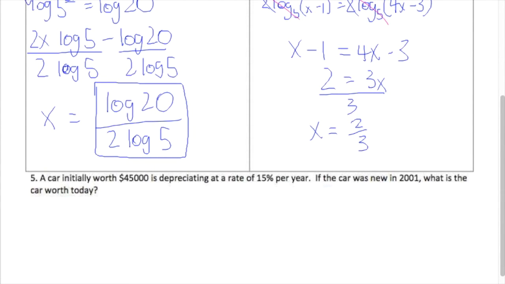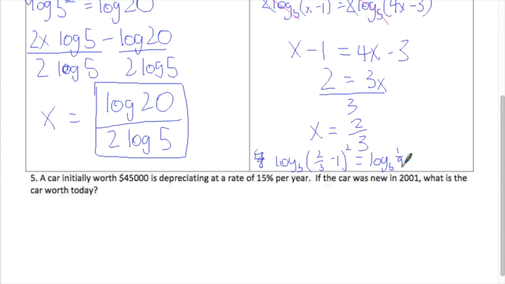However, if we check this answer, on the left side we get log base 5 of 2/3 minus 1 squared, which comes out to 2/3 minus 1 is negative 1/3. That comes out to log base 5 of 1/9.